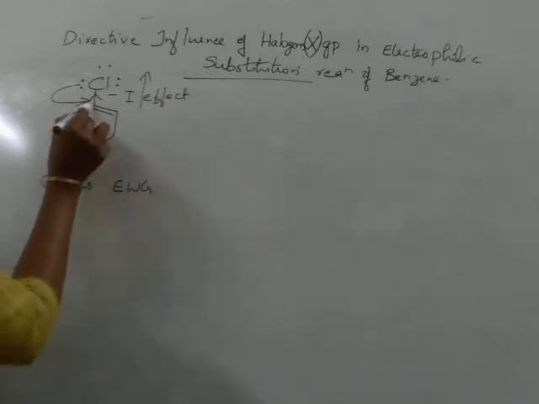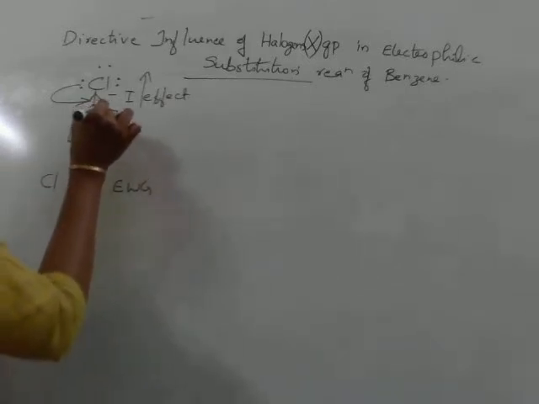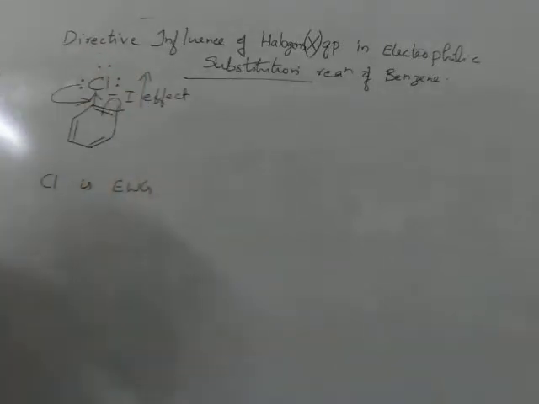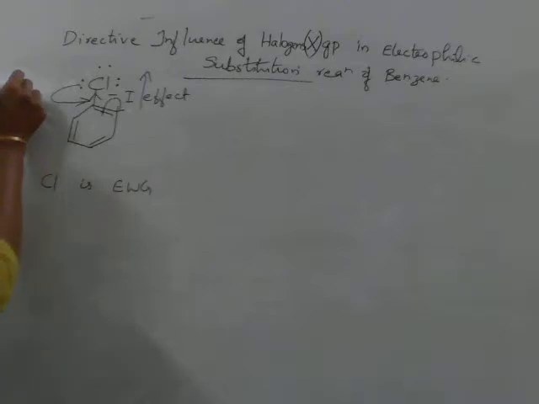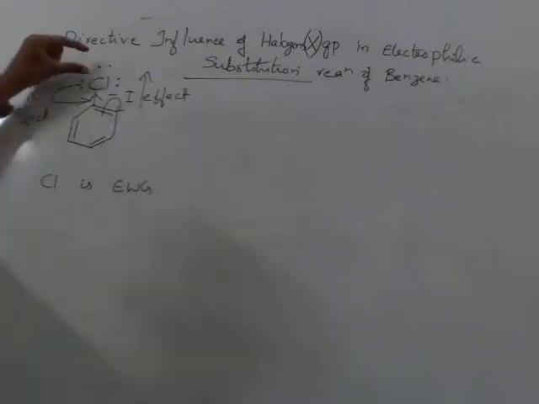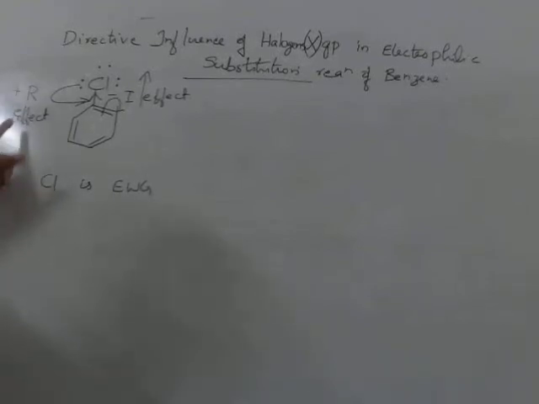So this carbon atom becomes unstable. So the adjacent pi bond breaks and the pi electrons move towards the ortho carbon atom through resonance. This is called resonance effect, positive resonance effect. Why positive resonance effect? Because here the movement of electrons is from the chlorine atom towards the conjugate system, towards the benzene ring.